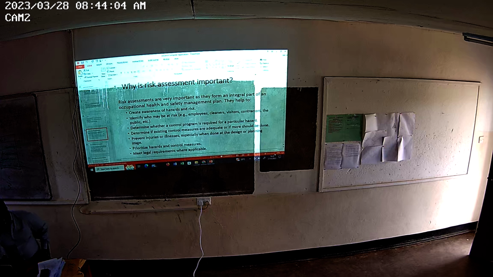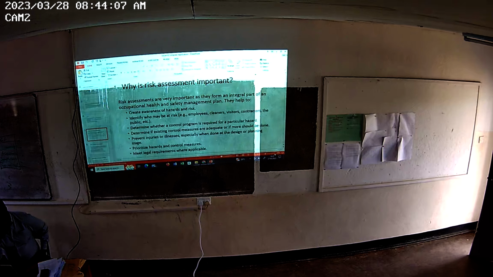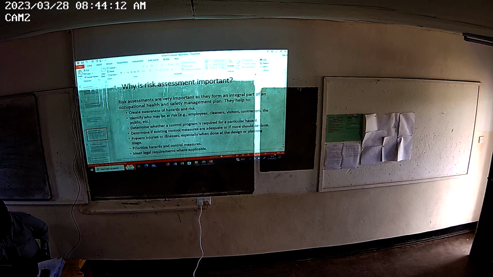So, why is risk assessment important? One, it creates awareness of hazards and risks. Once you have the risk assessment plan, you'll be able to create awareness of the hazards and risks that are associated with an ICT problem. So perhaps the committee, as the heads of department: department of finance, can you discuss all the risks that are associated with the department?